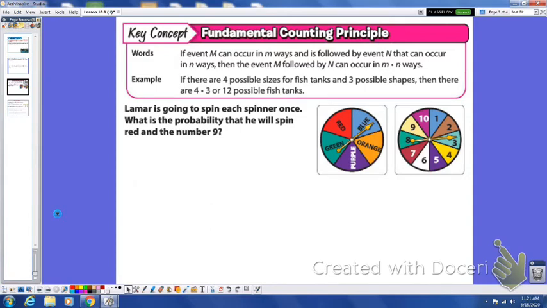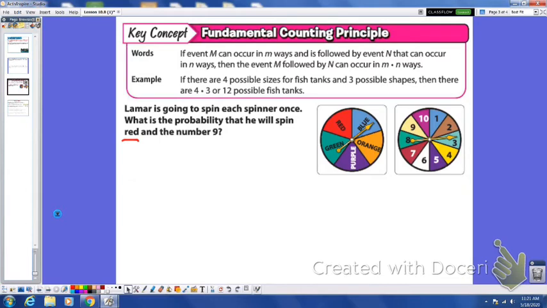If we look at the spinner question here, Lamar is going to spin each spinner once. What is the probability that he will spin red and the number 9? So we want to figure out our simple probability first. So looking at this first spinner, what is the probability that he will spin a red? Well, if we look here, there's 1, 2, 3, 4, 5 different areas.